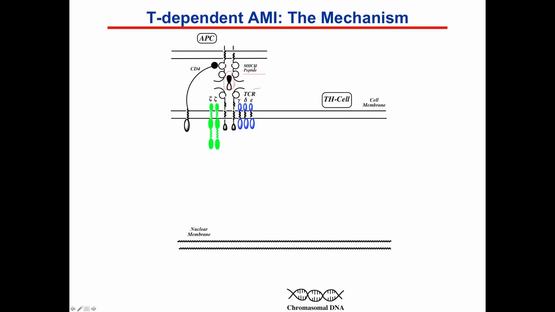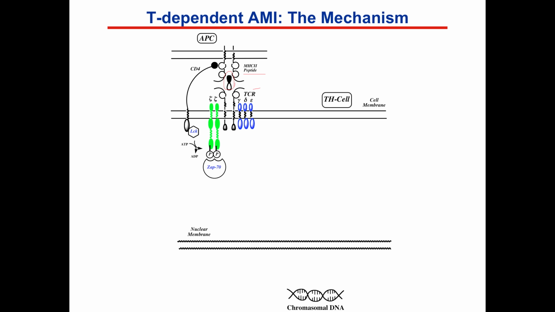So when you get this complex formed, a molecule LCK, which is a kinase, leukocyte kinase, sorry I didn't mention that on the other slide, will bind to CD4, and what it does is it phosphorylates the zeta chain of CD3.